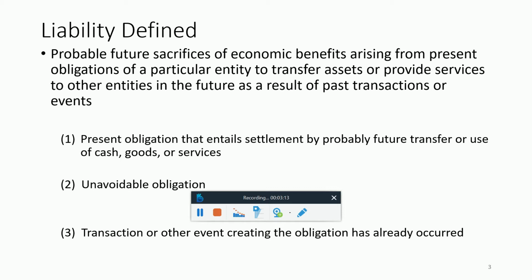And then the final component of the definition of a liability is that the transaction or event that has created this obligation has already occurred. If the event has not occurred, then it isn't a liability as of the balance sheet date, but what it could be is a subsequent event, which would also be reported in the footnotes, but not necessarily as a component of the balance sheet. And we'll talk a little bit more about subsequent events in a future lecture.